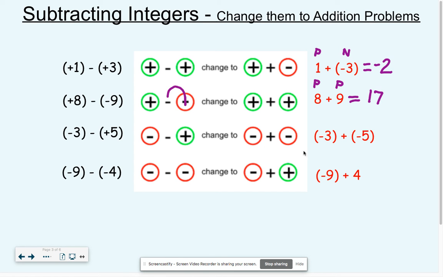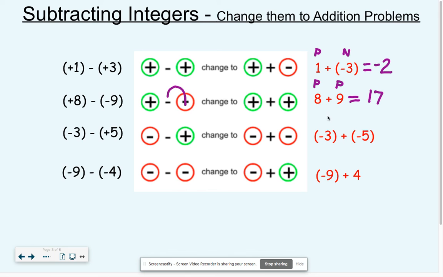So we have our negative 3 and we have negative 5. Really, we're just switching these two symbols around. Anytime we're dealing with a subtraction and we want to make it an addition problem, we just flip the symbol for the second number.